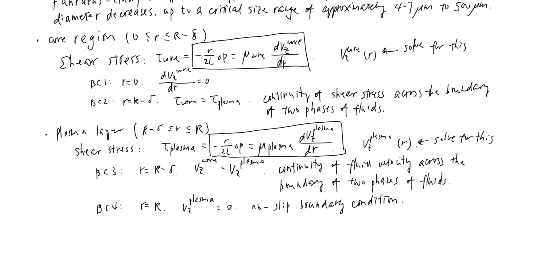Now to solve this, let's first solve the plasma layer. It is relatively easy to handle because the no-slip boundary condition is enforced at the wall. You may wonder, what about boundary conditions 1 and 2?